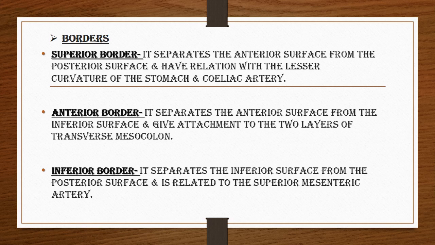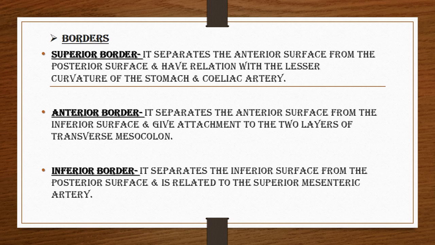The anterior border separates the anterior surface from the inferior surface, and it gives attachment to the two layers of the transverse mesocolon. The third is the inferior border.